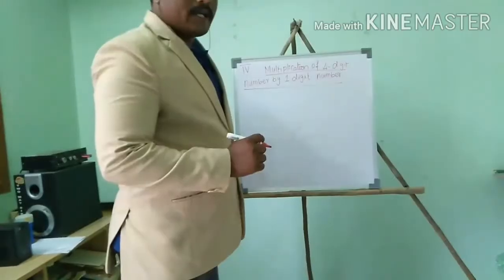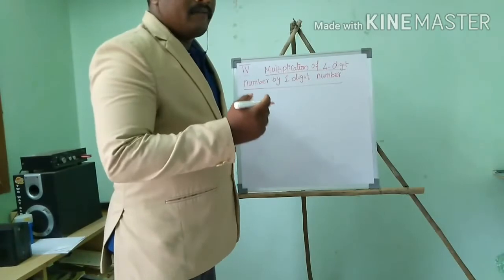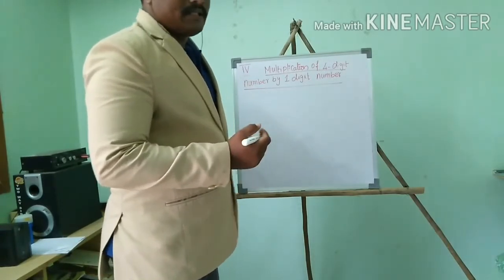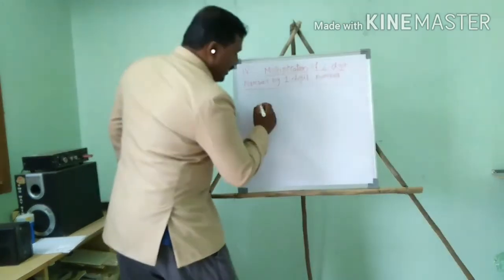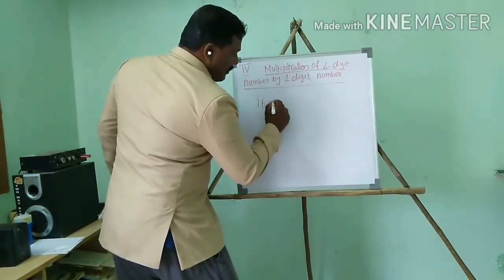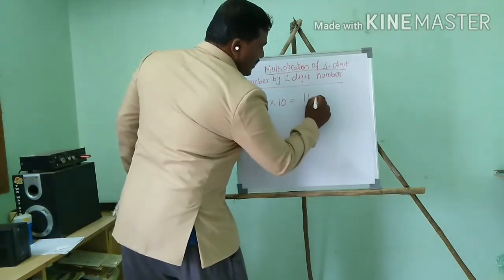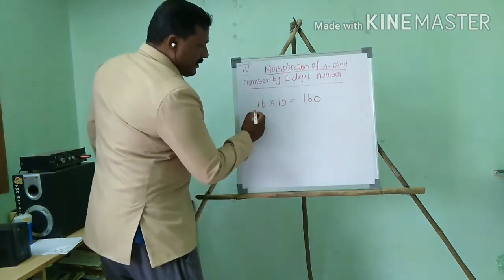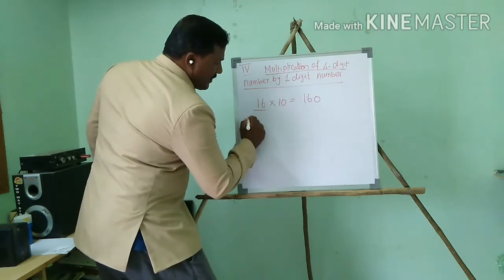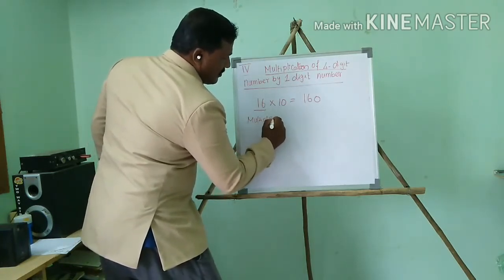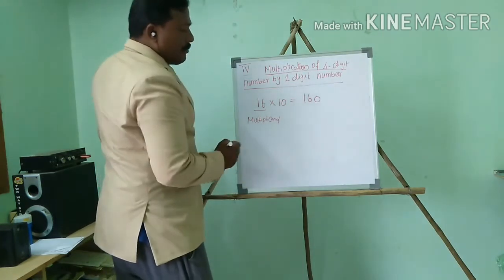Let me show you an example of which is the multiplicand, which is the multiplier, and which is the product. 16 multiply 10 is equal to 160. Here 16 we call the multiplicand.